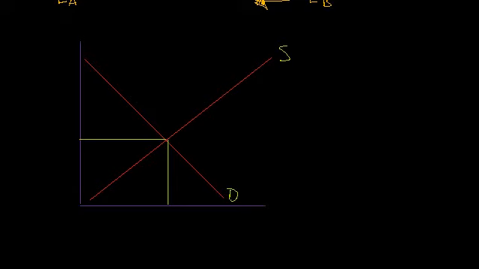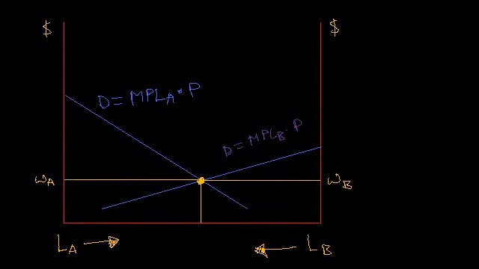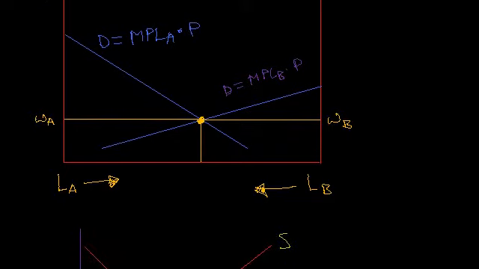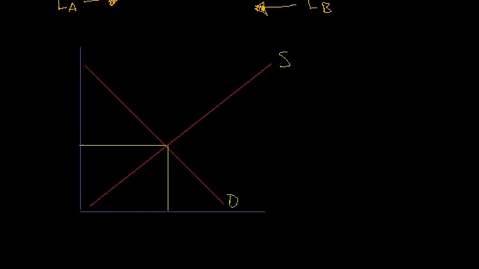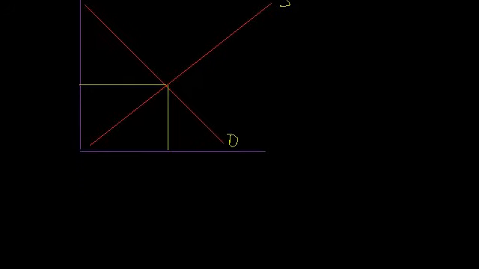But in the graph that we drew above, we have two demand curves that give us the same information, but it's a little bit different, just because there are two demand curves and there are two y-axes instead of just one, as we see in this more traditional graph.